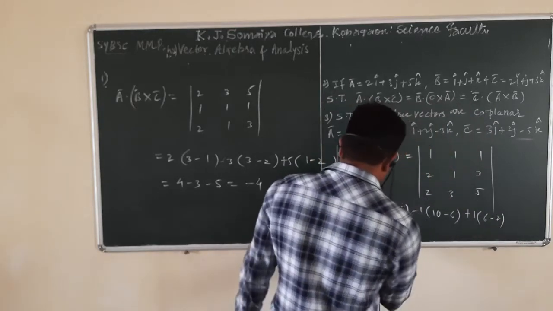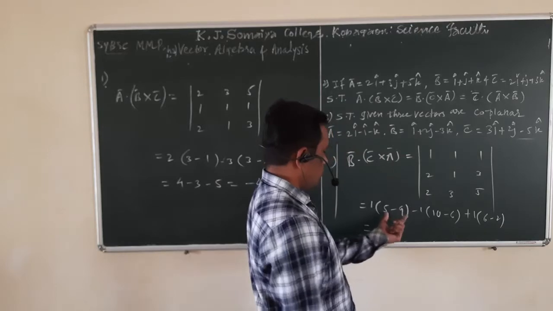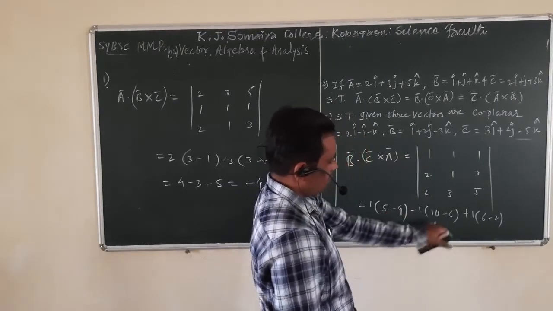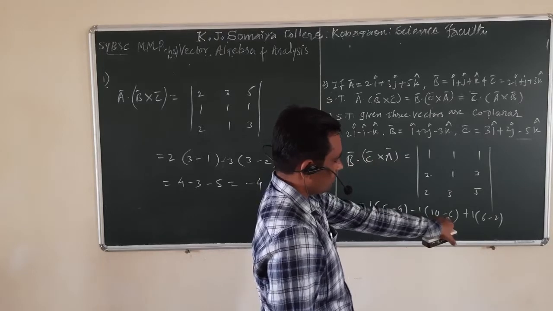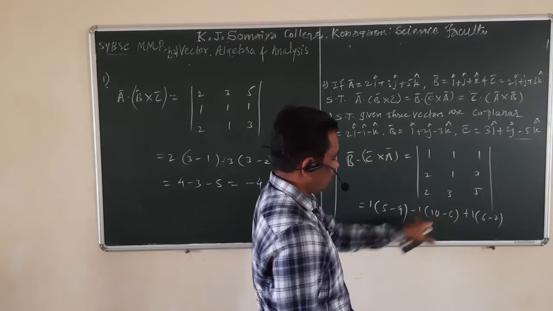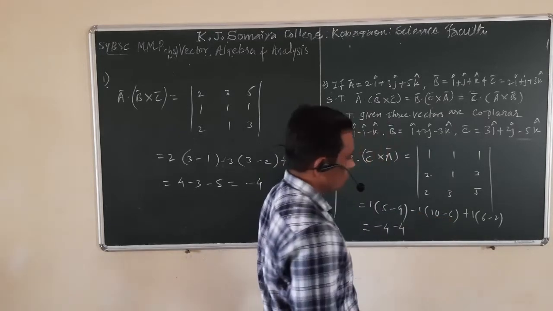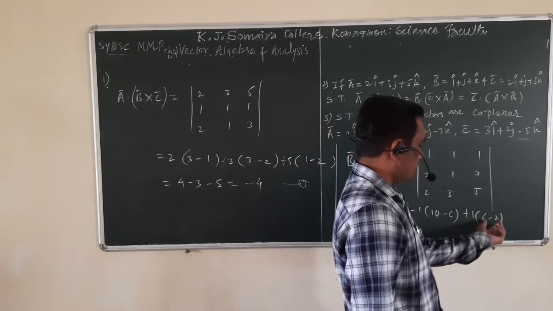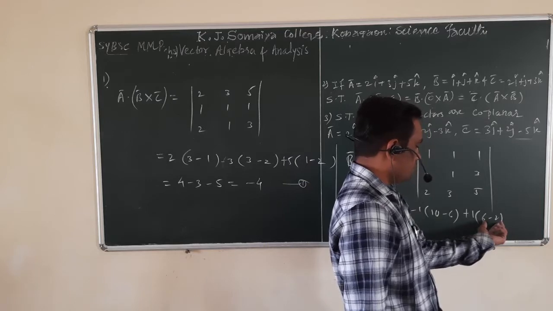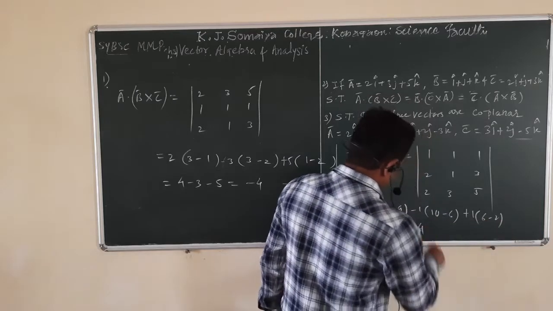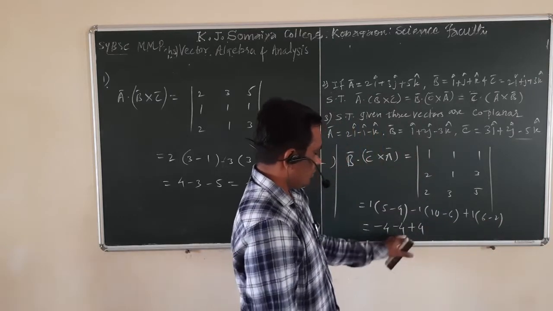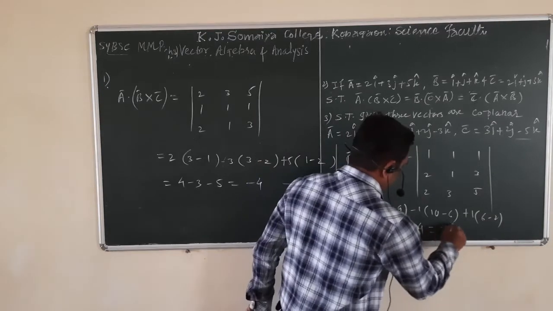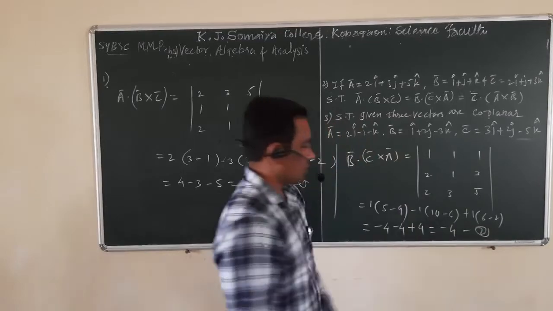Okay, so this is minus 4, and minus 1 again minus 4, and here 6 minus 2 is 4, so that is plus 4. So minus 4 plus 4 will cancel and we get minus 4. So this is equation 2.